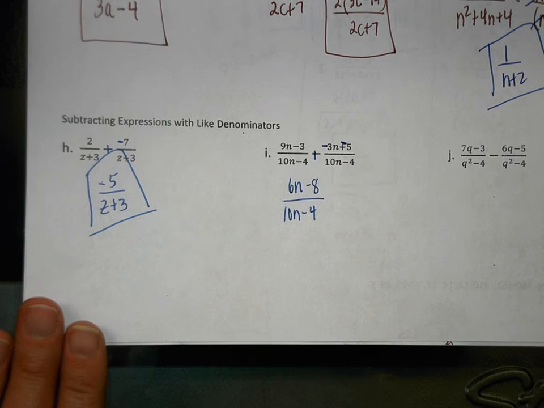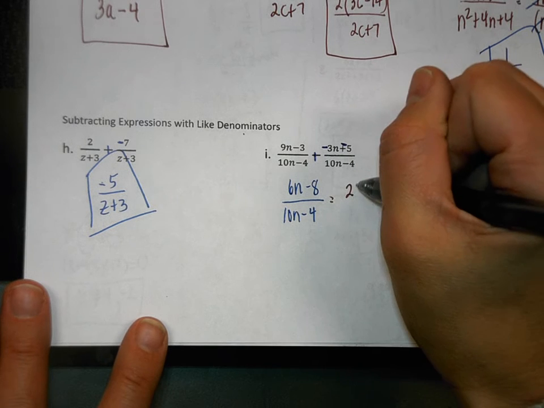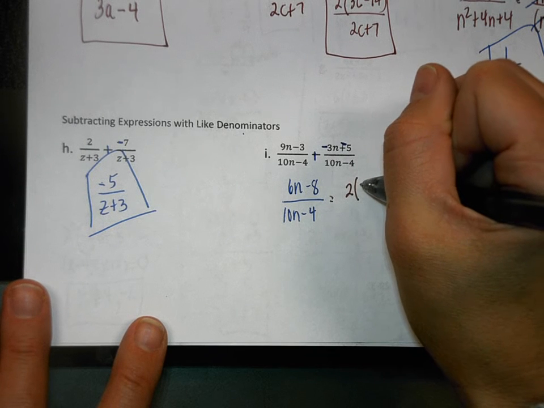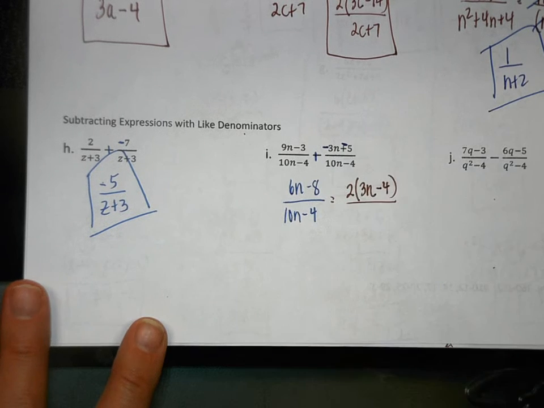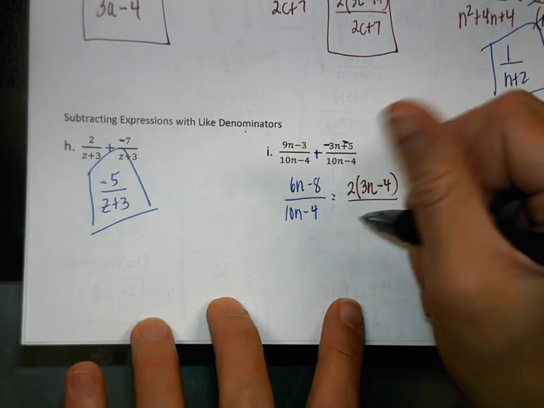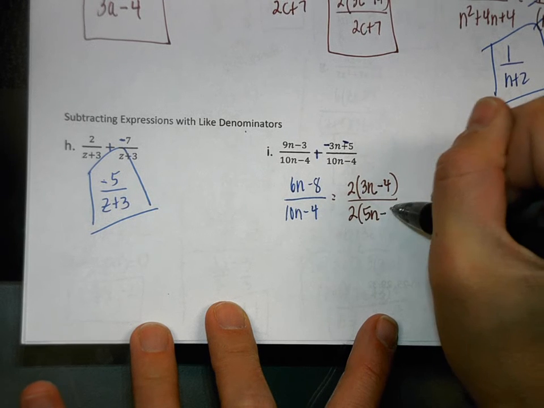Is there anything that we can factor? Good, I can take out a 2, and I'm left with 3n minus 4, and then the next one I can also take out a 2, and I'm left with 5n minus 2.